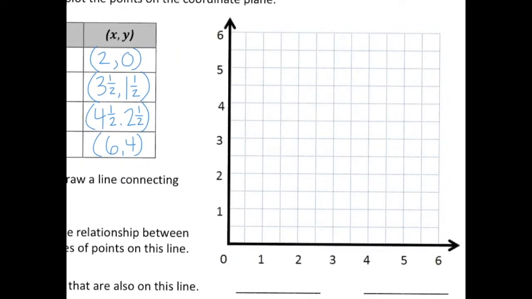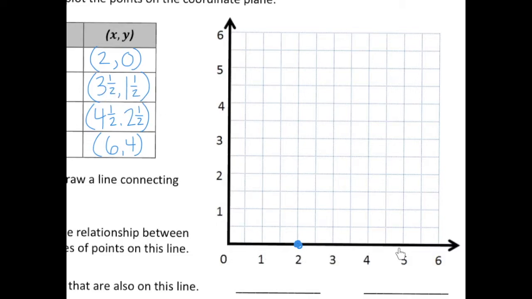Now that I have all of my points, I'm going to go ahead and put those points on the grid. As you can see here, my first coordinate pair is 2, 0, which means I'm going to find 2 on the x-axis and 0 on the y-axis, so my first point goes right here. My next point, as you can see, is 3.5, 1.5.